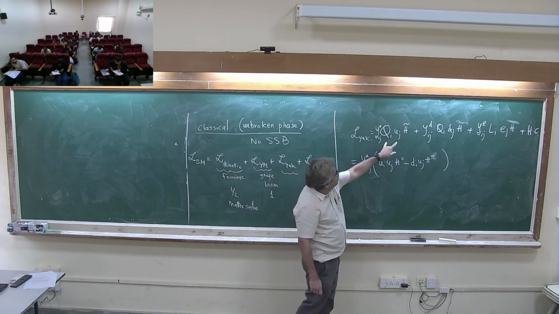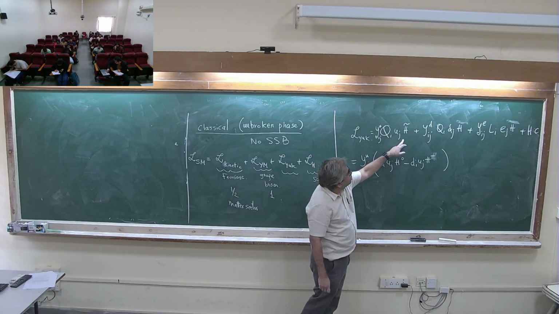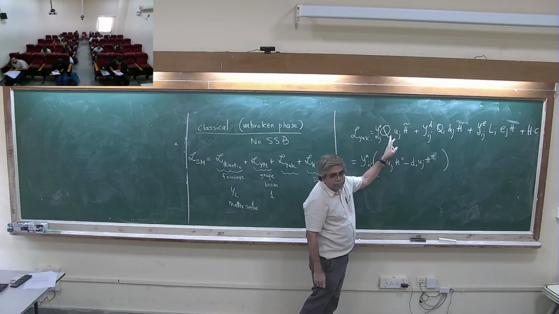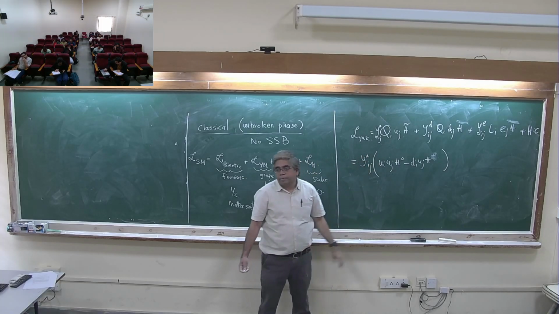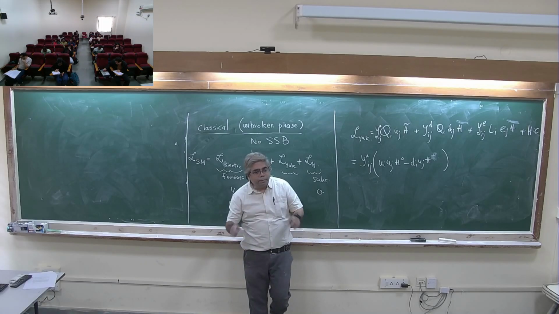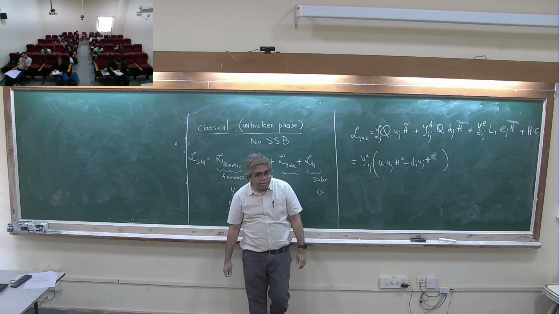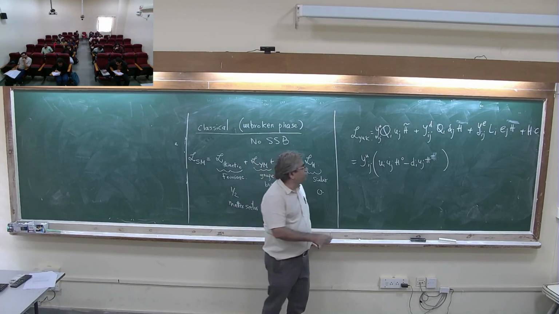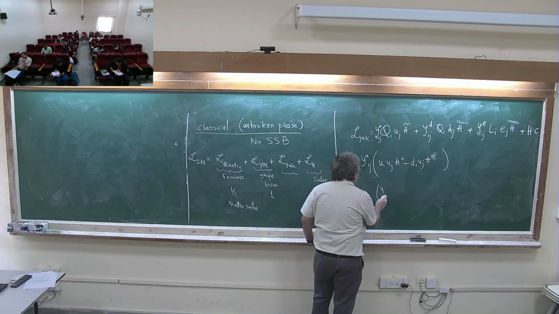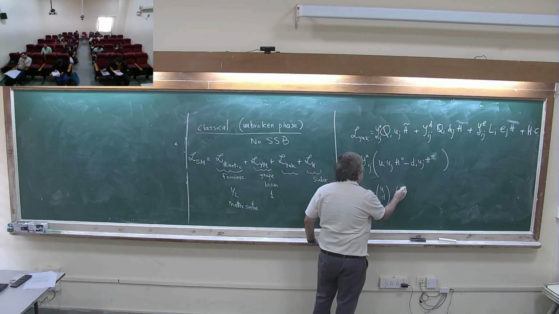So I contracted the SU(2) indices of this. How do you contract these indices? It's like adding two doublets into a singlet representation, like your spin. Okay. In your spin, what you have is down, h plus, h minus, u.